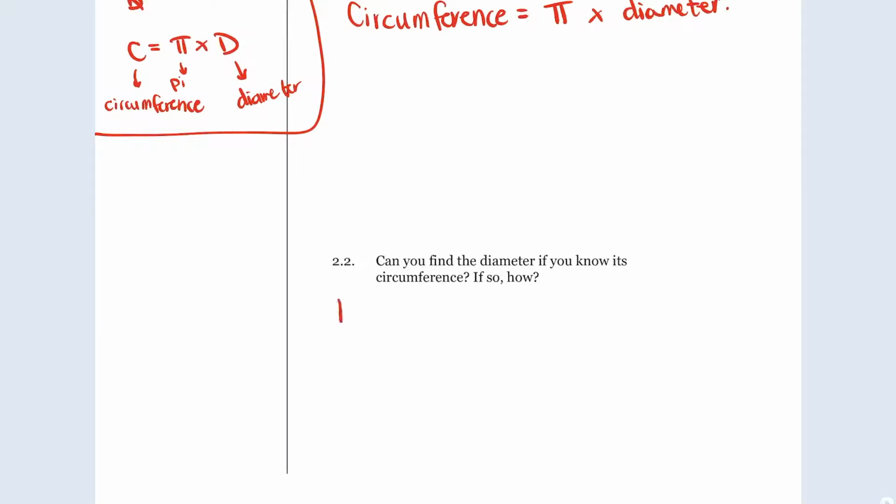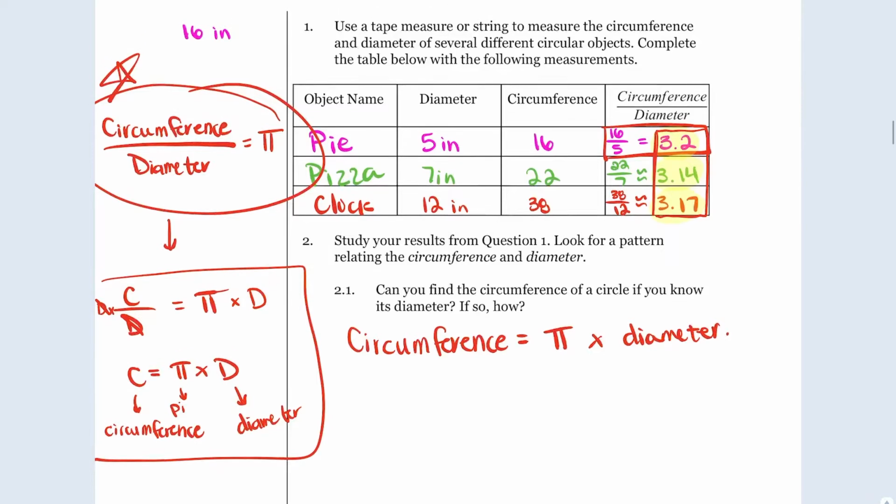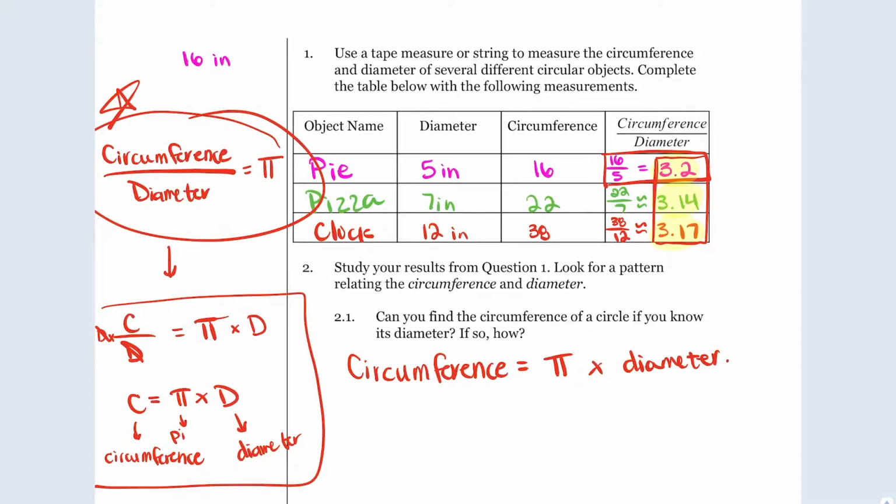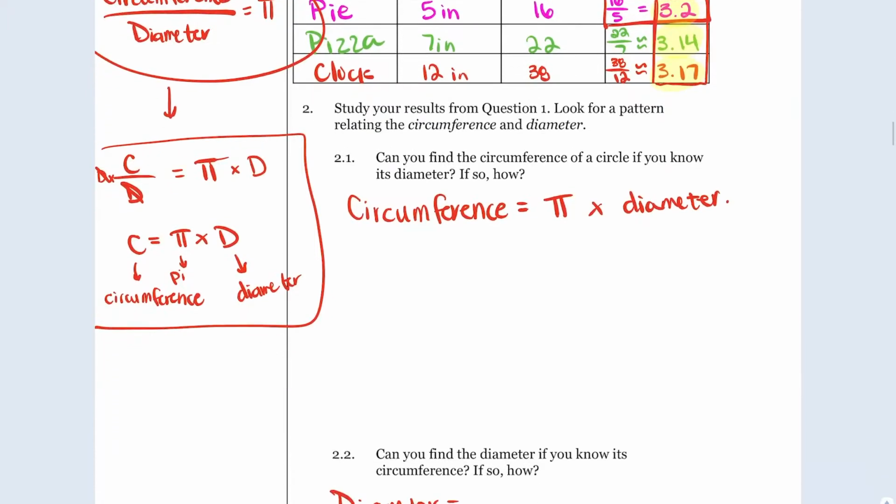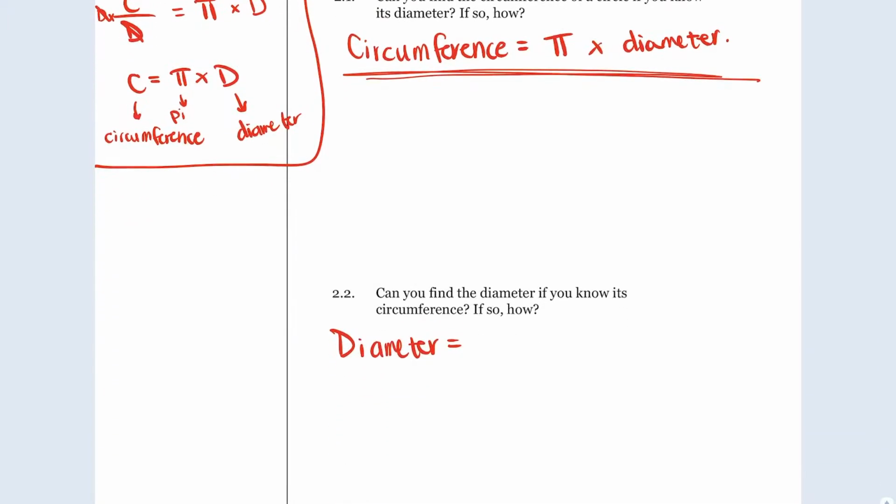So what we are trying to find is the diameter, and I want to know what it equals in terms of circumference and pi. What can I do? Use this very first thing, the circumference divided by the diameter equals pi. Actually, you can also use circumference equals pi times diameter to help you figure out this final formula.